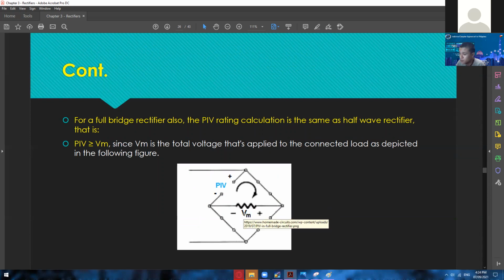This is where you can solve the maximum voltage, and the inverse, or the reverse, is at this point. So if you have a rating higher, or at least equal, then you can attain that peak inverse voltage reading at this point. But if it's just a peak voltage, then it's always on the RL, the resistor right here.